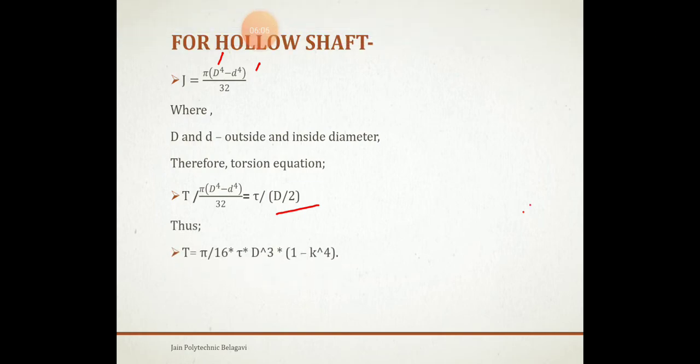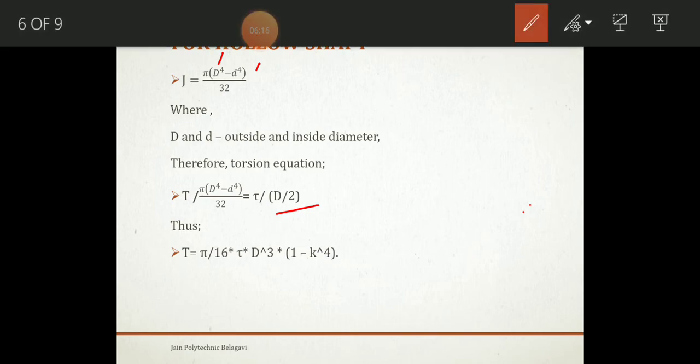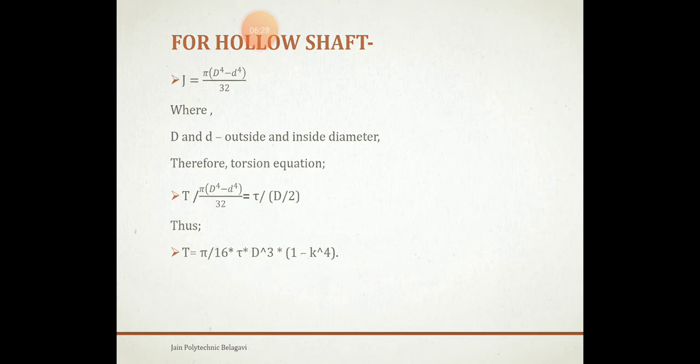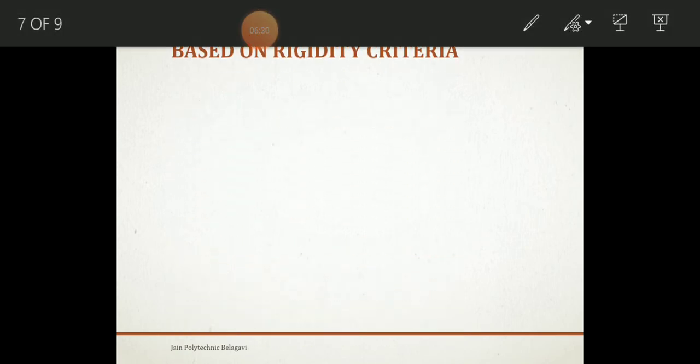Next, therefore, we'll simplify it and write the equation in terms of T. Therefore, T is equal to pi by 16 tau D cube into bracket 1 minus K raised to 4.